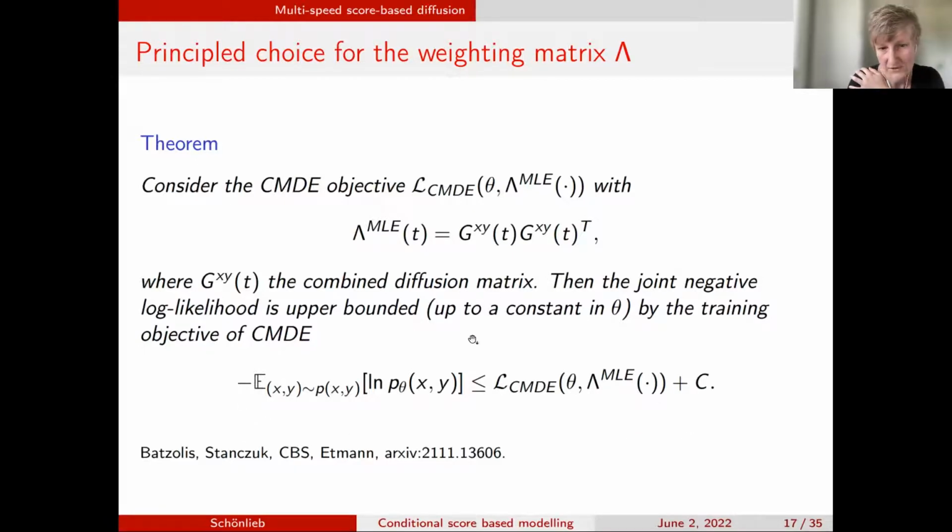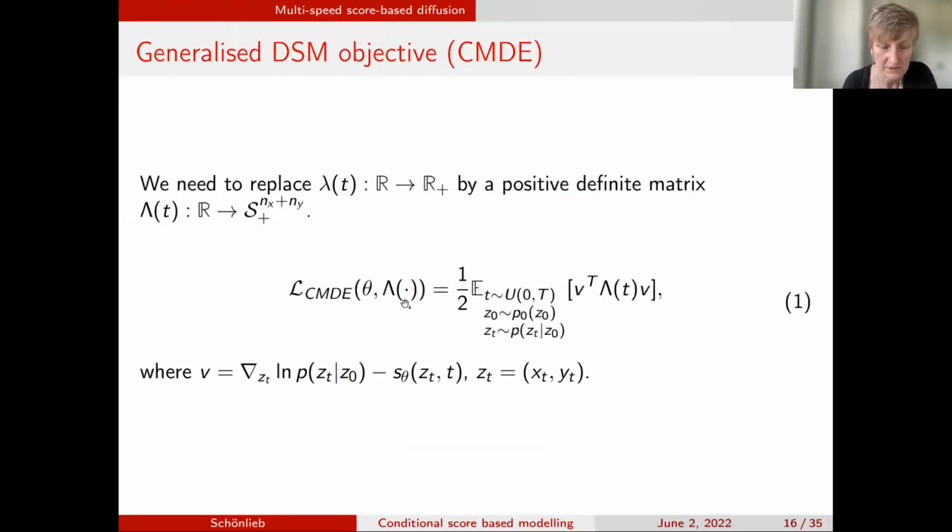Okay, so this is just a generalization of the bound that we have seen before for the plain vanilla score-based diffusion models, where now the weighting is a matrix, because you can potentially change the weighting now, not just for all times, but also for the different components that you have in xt and yt.